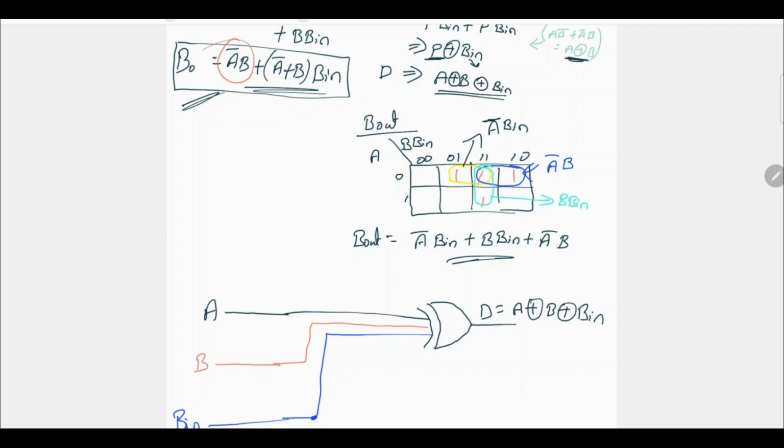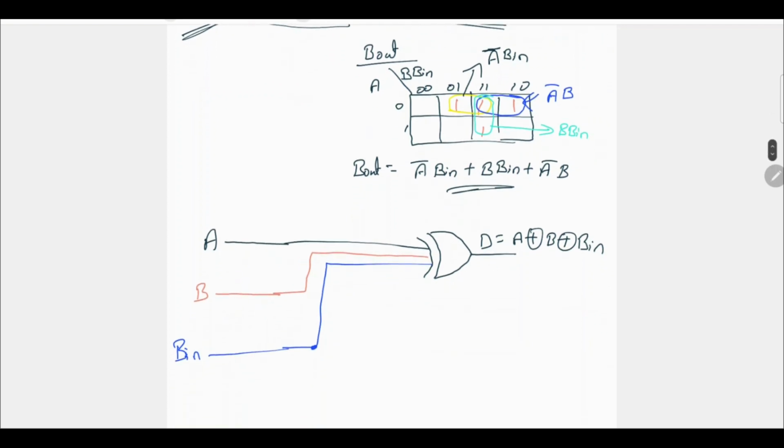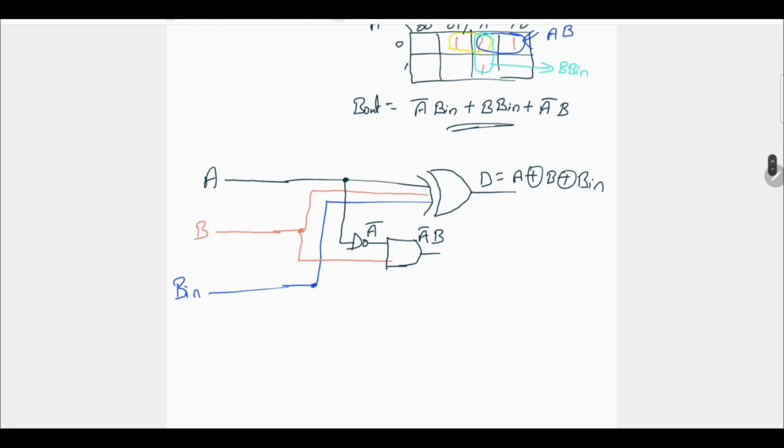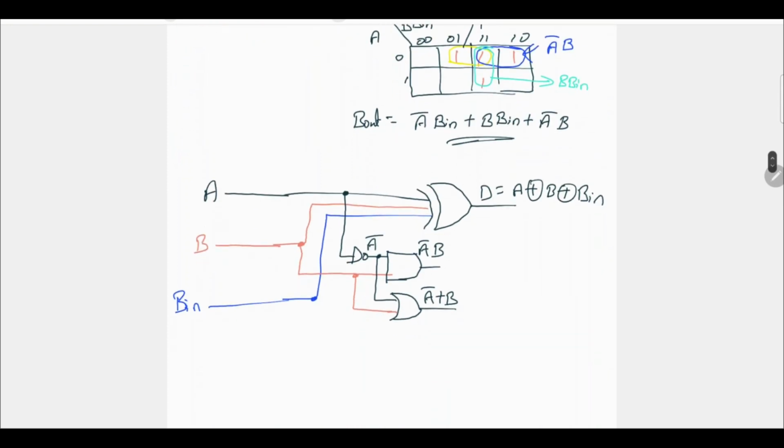First we will find A bar B. We take A and invert it, so you get A bar, and we also take B. Now we AND them, so here you have A bar B. Now we want A bar plus B. A bar and B are given to an OR gate, so you have A bar plus B, and this is multiplied with B in.